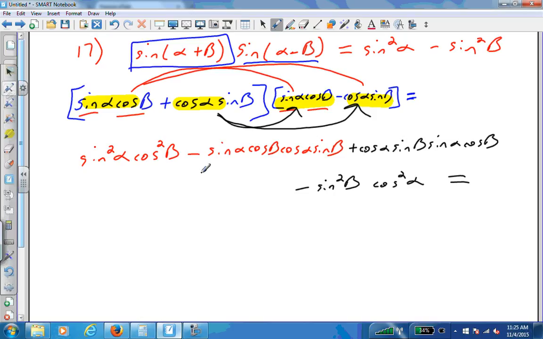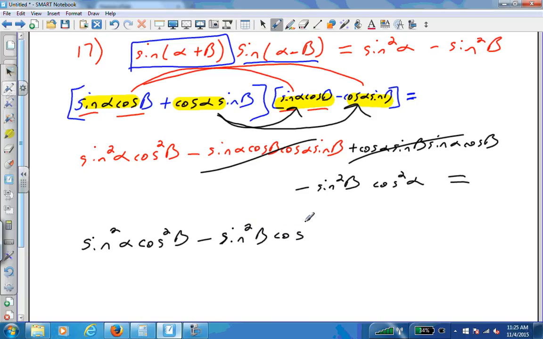So those are opposites. Those cancel. So we got a sine squared alpha cosine squared beta minus sine squared beta cosine squared alpha.